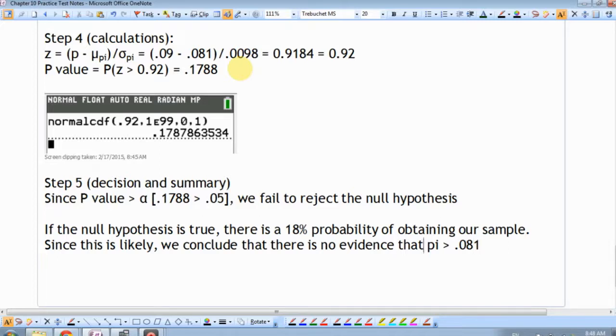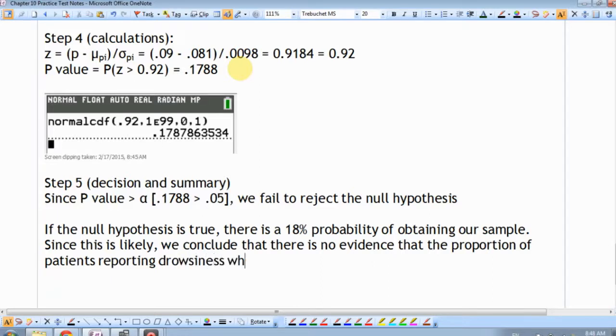I'm sorry, no, you have to do this in context. That the proportion of patients reporting drowsiness.